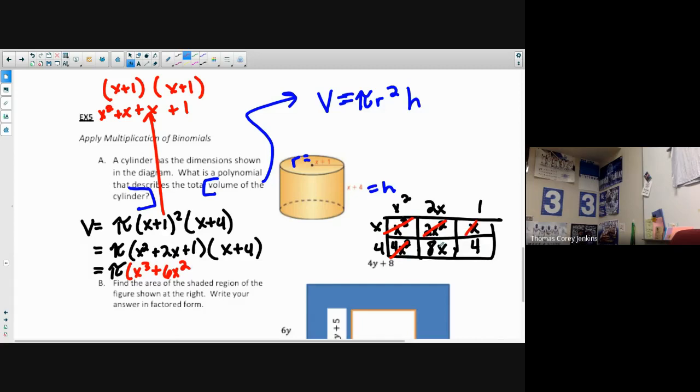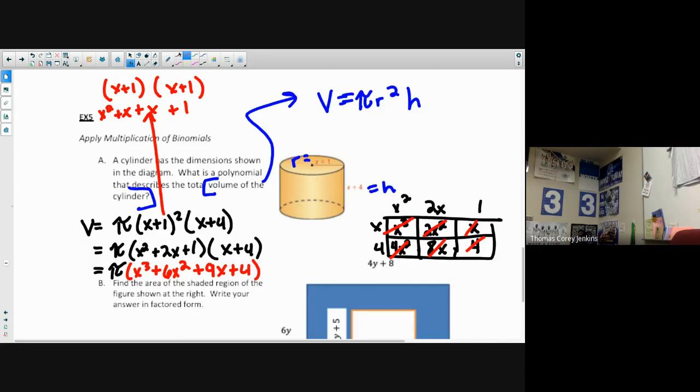You have 8x plus 1x, plus 9x, and then plus 4. All right, so that's going to be our last answer. We'll just leave that in terms of pi. So pi times x cubed plus 6x squared plus 9x plus 4, right?